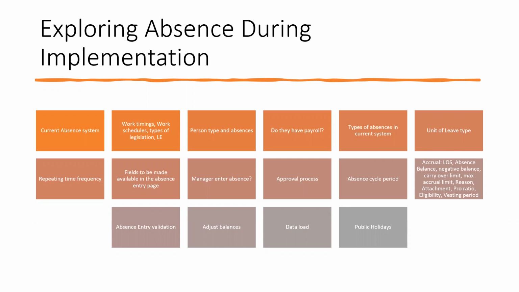And how are these absence balances actually maintained? So we maintain these balances of accrual, right? So how do they need to be maintained, and while recording the absences, is it in terms of days that we record, or is it in terms of hours that we allow the employees to record their absences? Also, what do they have in the current system, and what are they expecting going forward?